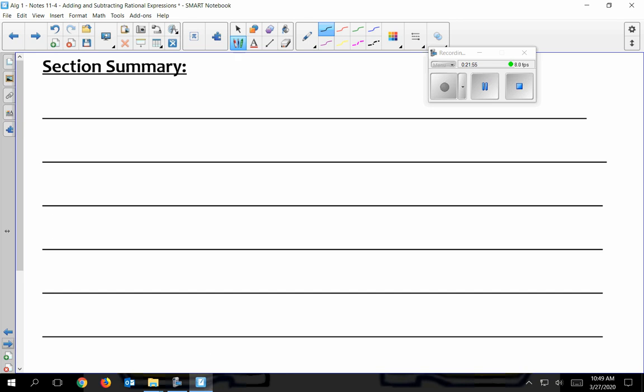For section summaries, we always have to look for the least common denominator. The big thing is powers of exponents.